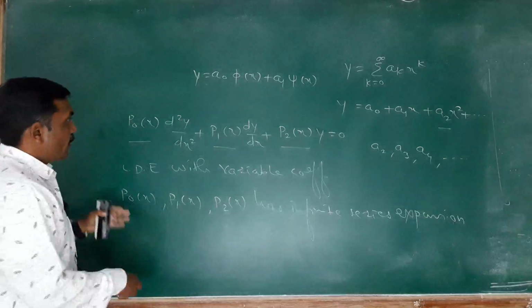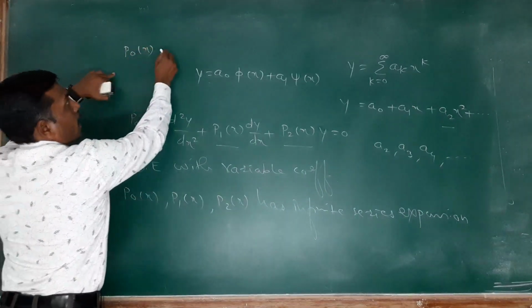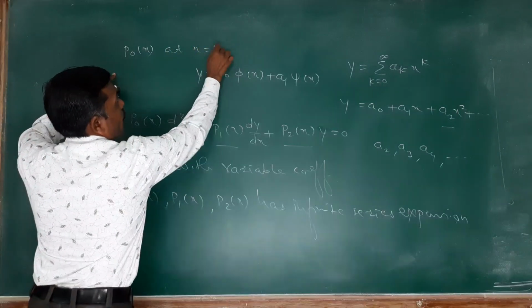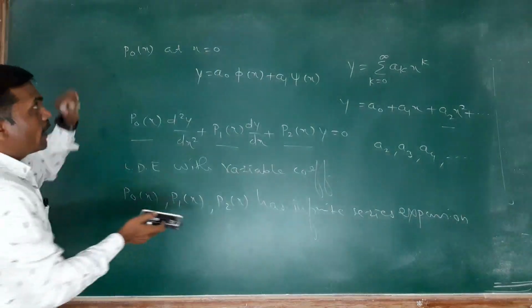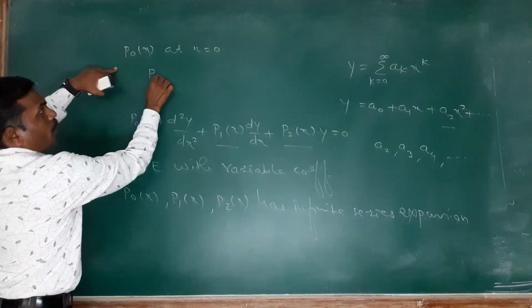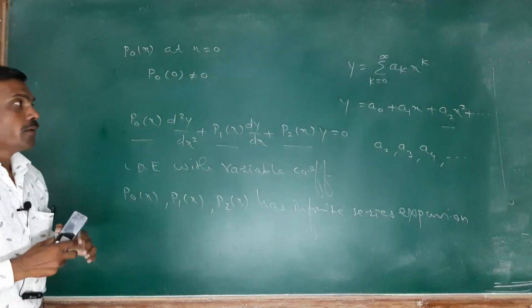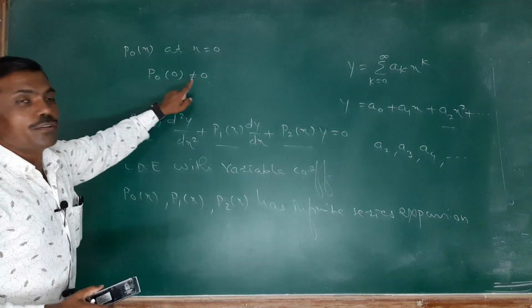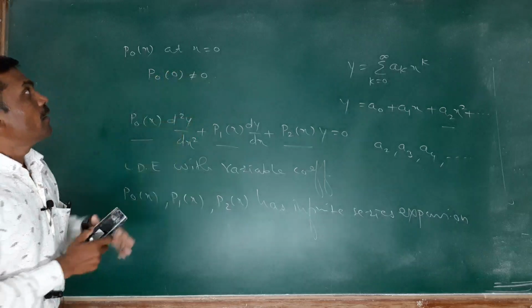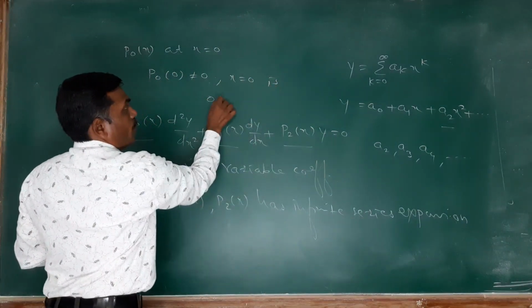If P0 of x at x equal to 0, I put x equal to 0 and get P0 of 0 not equal to 0, then the point x equal to 0 is called an ordinary point.